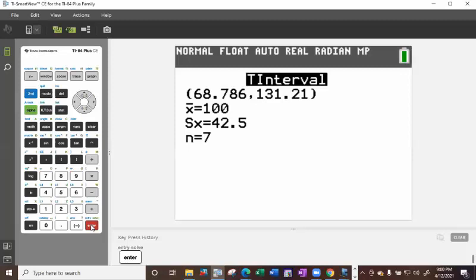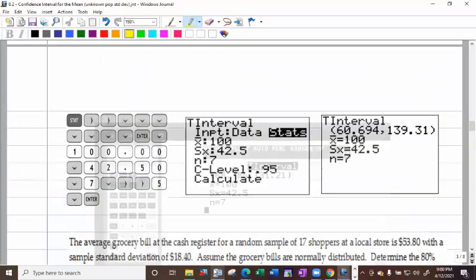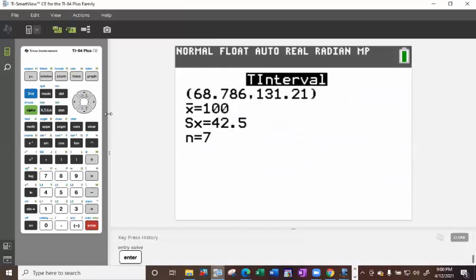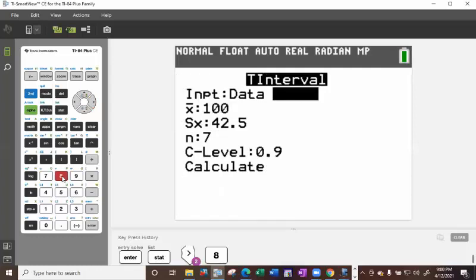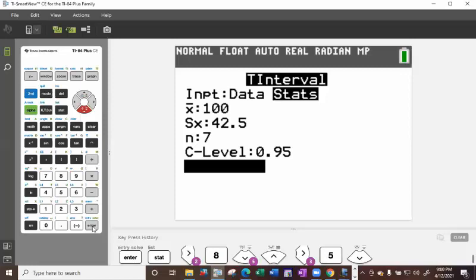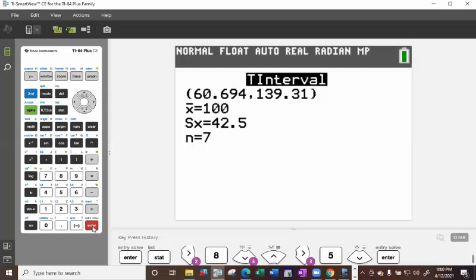What went wrong here? 100, 42.5, n is 7. Did I pick the wrong confidence level? That's the only thing that might be wrong. Yep. I didn't change it to 95. In my head I did, but I didn't do it actually in the calculator. There we go. That's the answer.